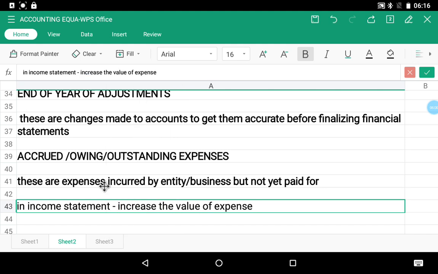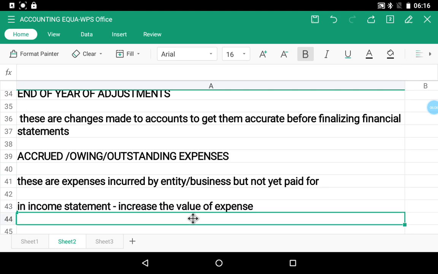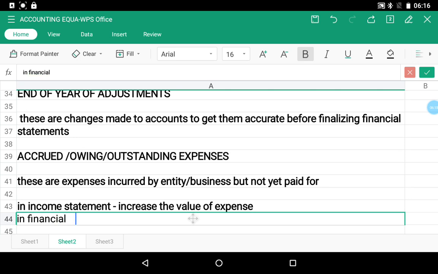So that is your income statement. Then the financial position. In the financial position, that accrued or outstanding or owing will be recorded under current liability, because that is your obligation.